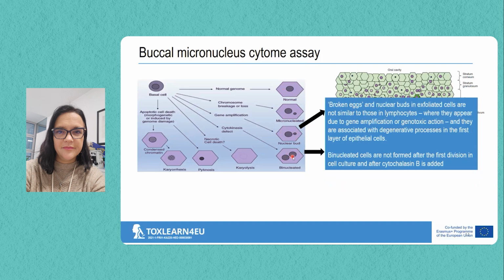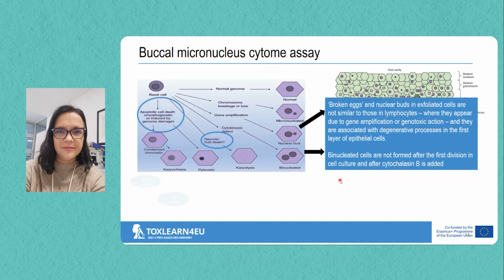Binucleated cells are again not a result of the shared cytoplasm, but actually they are formed from the basal cells, and they are a biomarker of some kind of cytokinesis defect. In this assay, you can also measure, as in micronucleus in lymphocytes, apoptotic and necrotic cells.